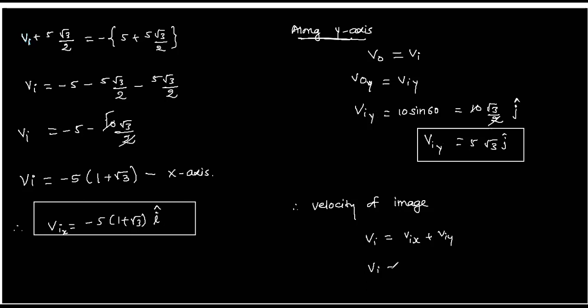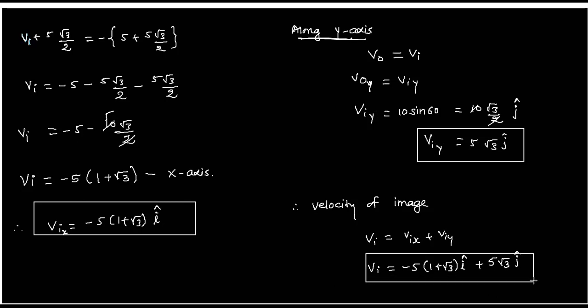So the velocity of image is what we are getting: minus 5 times (1 plus root 3) I cap plus 5 root 3 j cap. Yes, this is your answer.